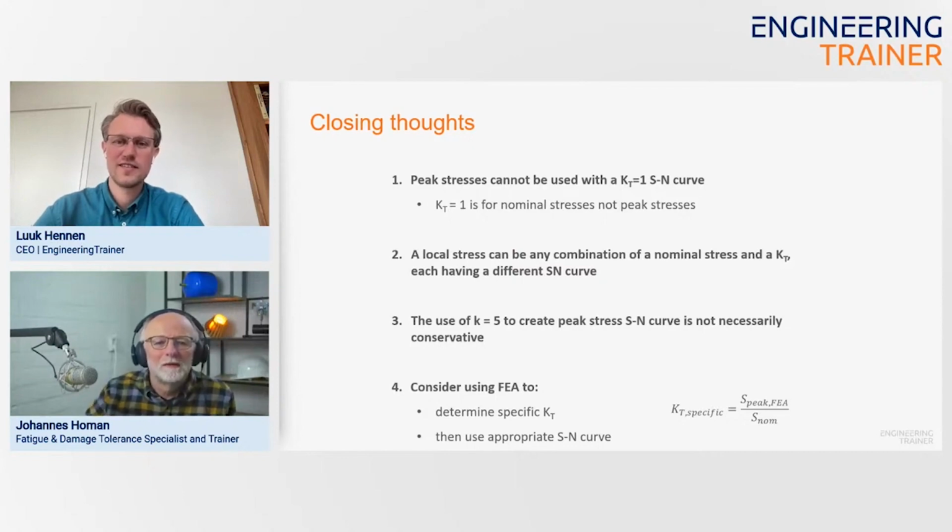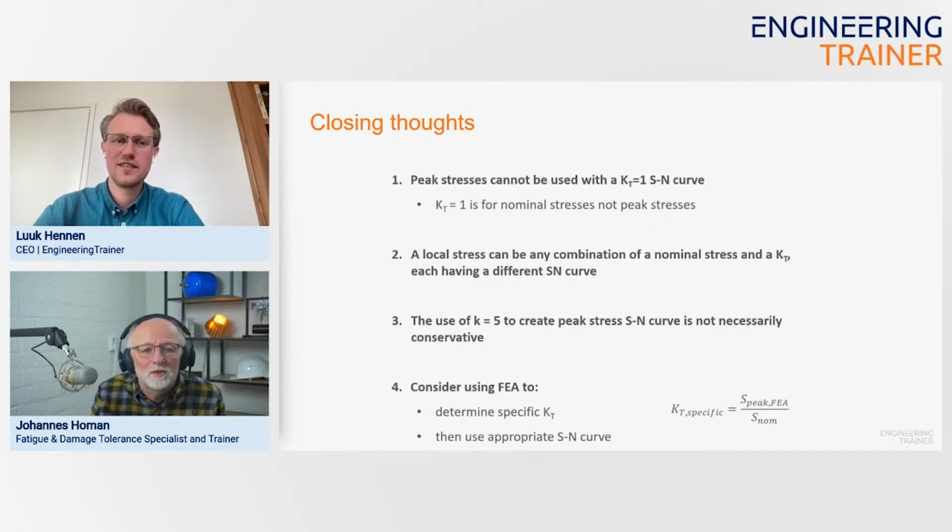So always remember KT=1, yeah, you can use it for nominal stresses if you have a structure without any notches, but not for peak stresses. You should be aware that a local stress can be any combination of nominal stresses and stress concentrations, and each combination has its own SN curve, and those SN curves are different.